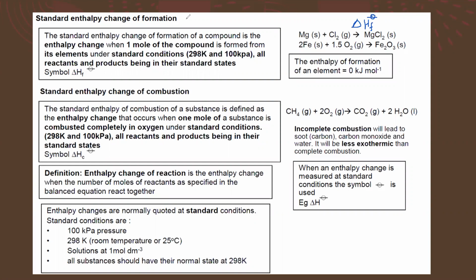Then what is the meaning of standard enthalpy change of combustion? When we burn 1 mole of a substance at standard condition, for example, we are using methane as a fuel.